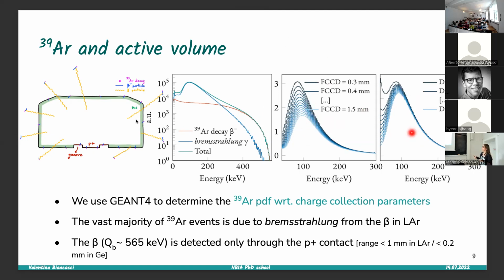Or even if we change the DLF, the dead layer fraction, so how much of this FCCD is totally dead. Looking at that, we realized that maybe argon-39 is another way to determine the active volume model, beyond the characterization of the detector that Abby showed.